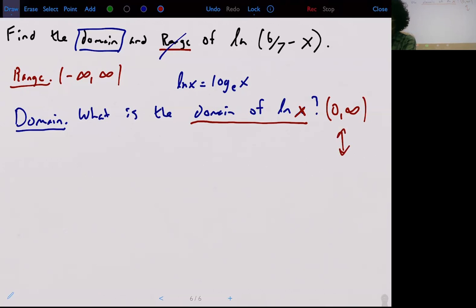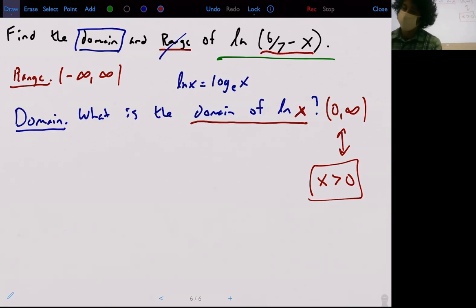Another way of thinking about this is that our x values have to be greater than 0. And what that means for this equation here is that when we plug an x value into this equation, this inside piece better be larger than 0. So writing this another way, this says that 6 divided by 7 minus x is larger than 0.